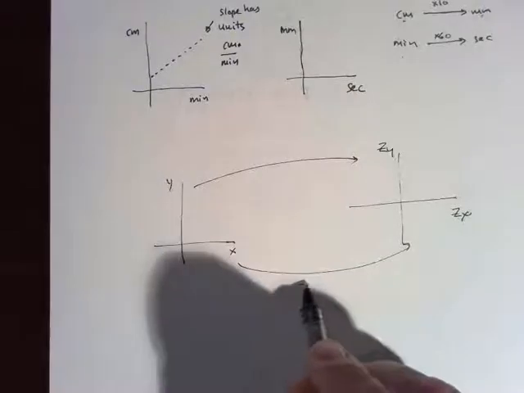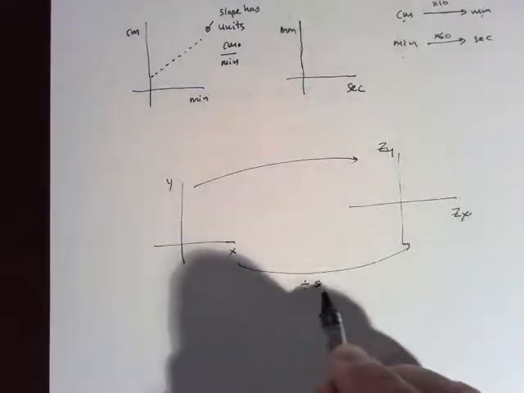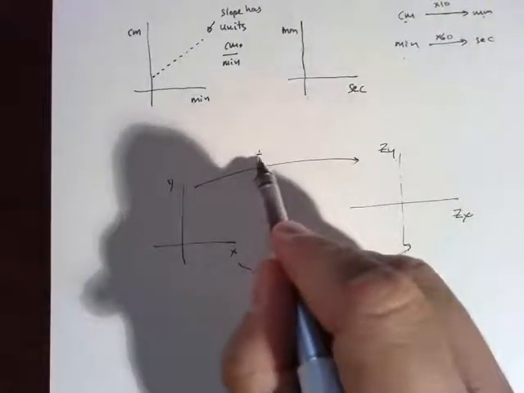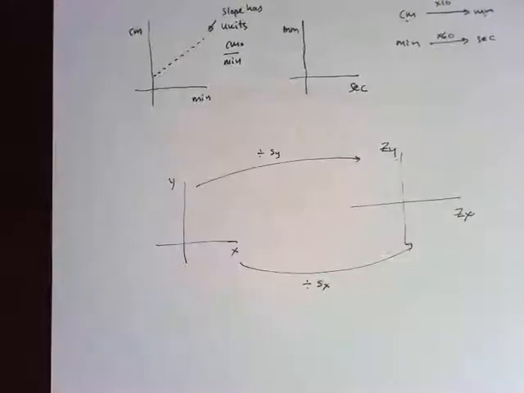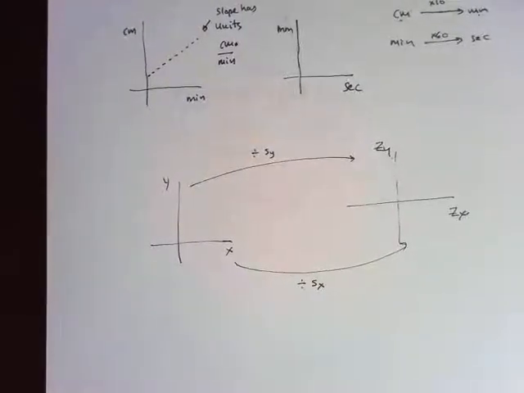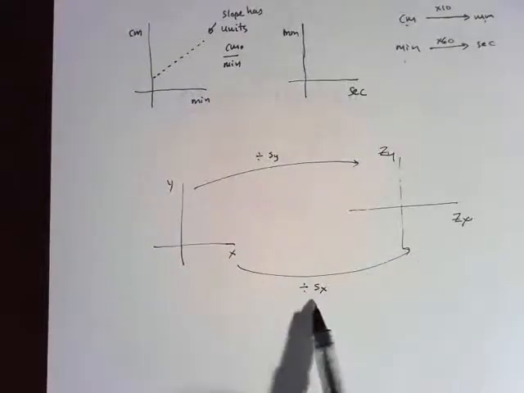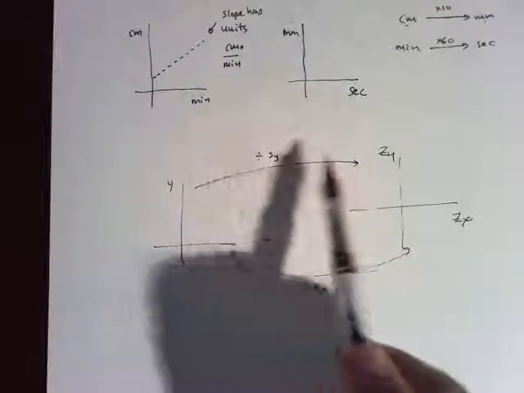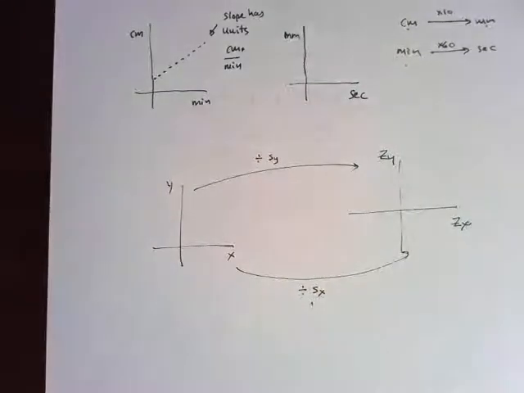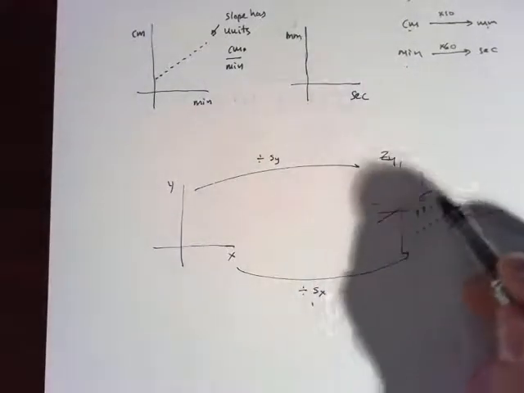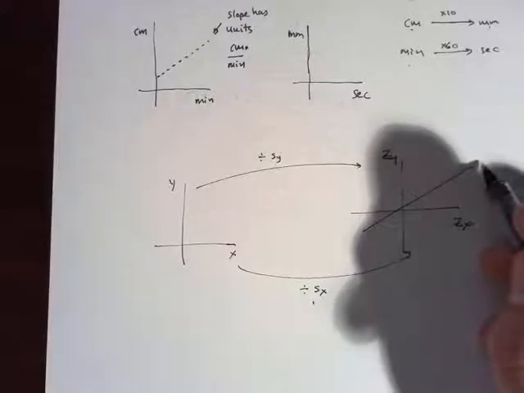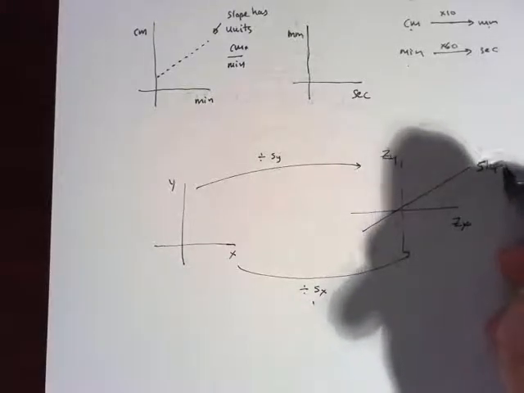One of the steps is you divide by the standard deviations. So that's sort of a change in scale. It's a rescaling of my axes. I'm going x to zx, I divide by the standard deviation, and going y to zy, I divide by the standard deviation.